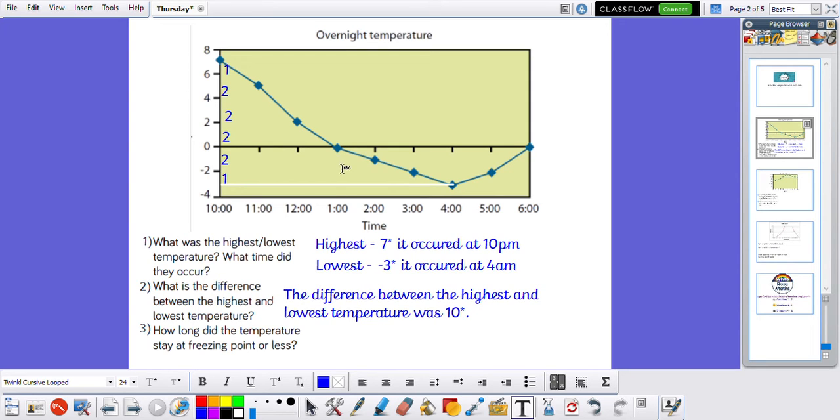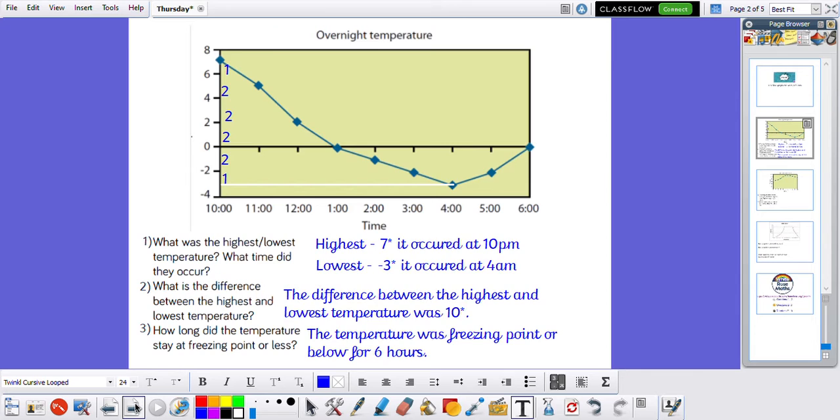So if it's 6 data points below 0, we can say that it is 6 hours. So the temperature was freezing point or below for 6 hours. Full stop. Okay, so that is one way we can solve problems with a graph.